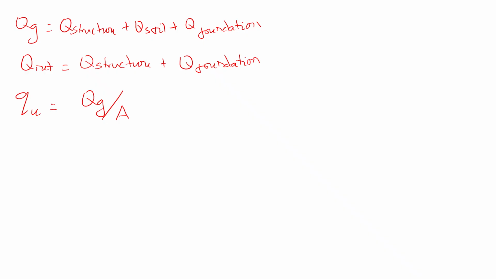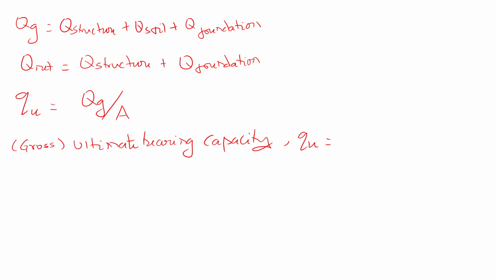First is gross ultimate or simply ultimate bearing capacity. It's nothing but QU. It is the maximum gross intensity of loading that the soil can bear without having the effect of shear failure. So this is nothing but gross load divided by cross sectional area.